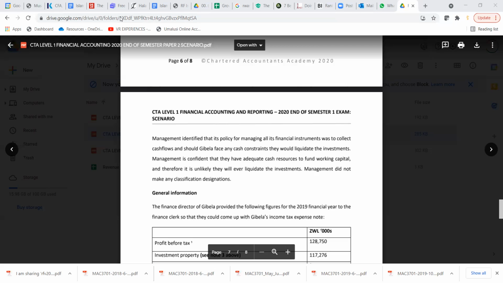And looking at our financial instrument of preference shares here, there is no principal and interest component as we are getting the dividend. So that disqualifies it from being measured at fair value through other comprehensive income.